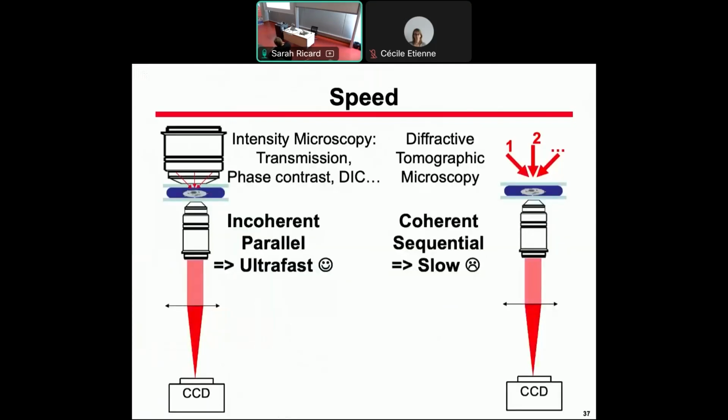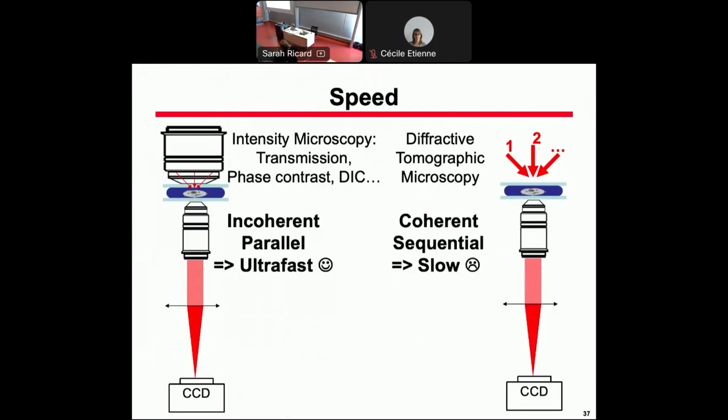The second biggest problem is speed. I'm teaching in electrical engineering, so if you look at this as a system, in fact, an intensity microscope, whatever the kind, is a kind of parallel system of treatment of information.